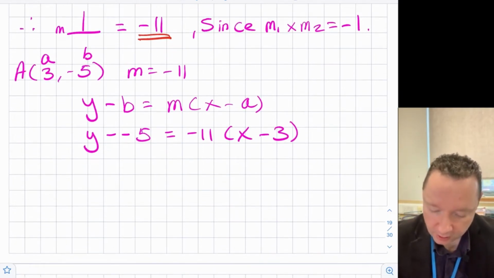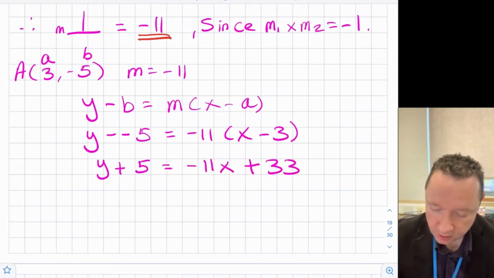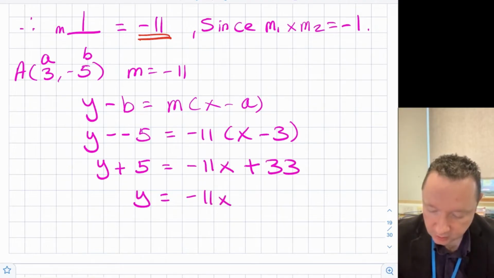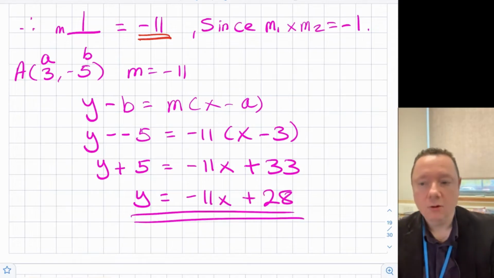Simplify that a little bit, so we've got y plus 5 is -11x plus 33, or taking the 5 over to the other side, we get y equals -11x plus 28. We've now got the equation of our altitude.